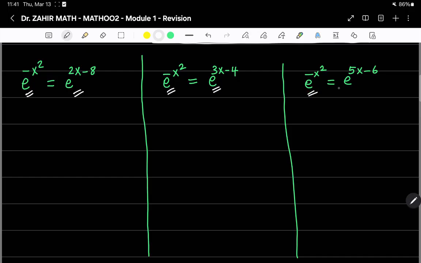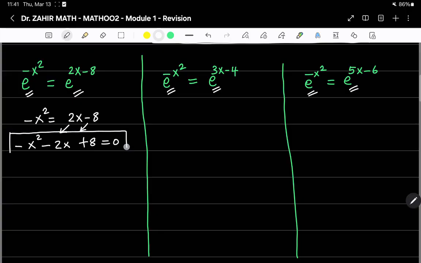So it means from this, minus x square equals 2x minus 8. Now make it as an equation model: minus x square, minus 2x, plus 8 equal to 0. This is a quadratic equation.